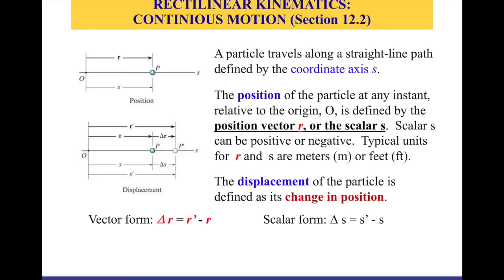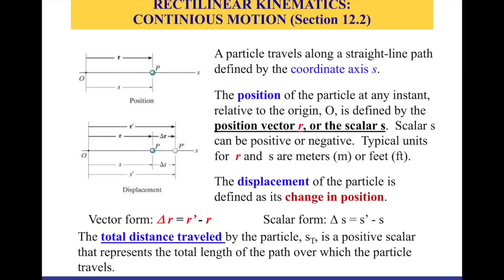It's important to keep in mind that you have a starting point and an ending point, and the displacement is the difference between the ending point and the starting point where you began your movement. There is a third quantity that's very important, called the total distance traveled, which is different from the displacement. Remember, displacement is the difference between two points, the initial and final positions.